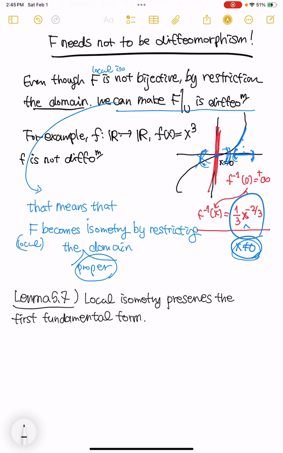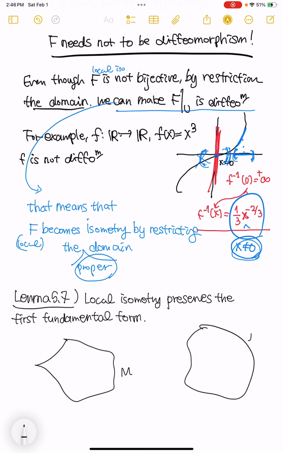That means if manifolds M and N are given, we think about E, F, G, and there also exist bar E, bar F, and bar G.